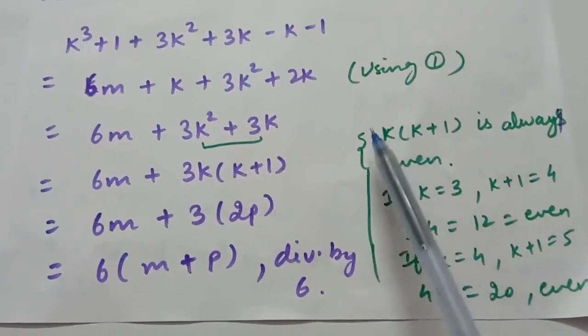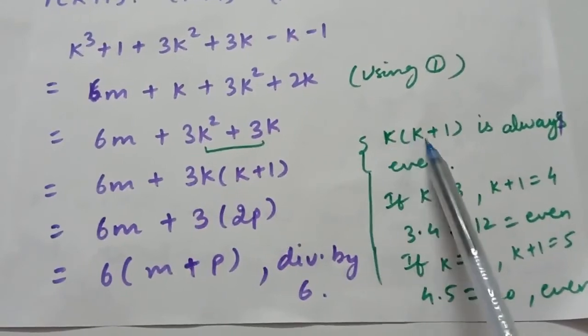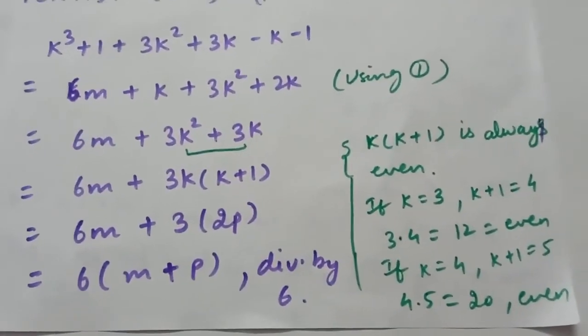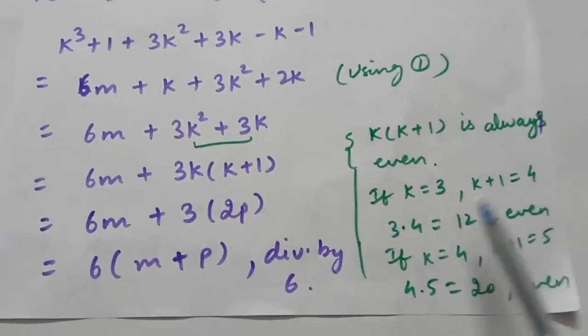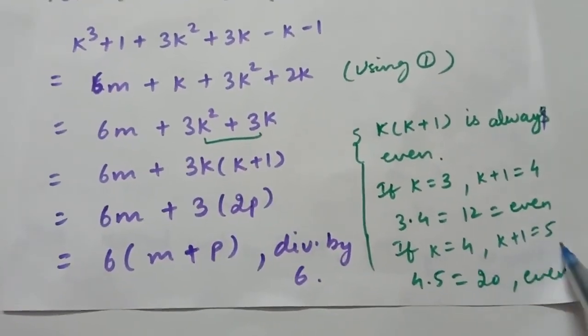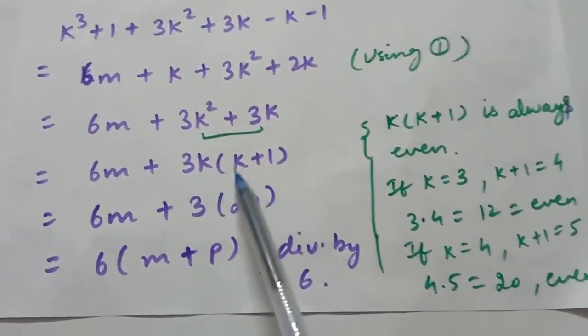If k is even, then k plus 1 will be odd. So this is the product of odd into even, which will always result in an even number. See, if k is 3, then k plus 1 is 4, which is even. Product will be even. If k is even, k plus 1 is odd, then also product will be even. So this number is always an even number.